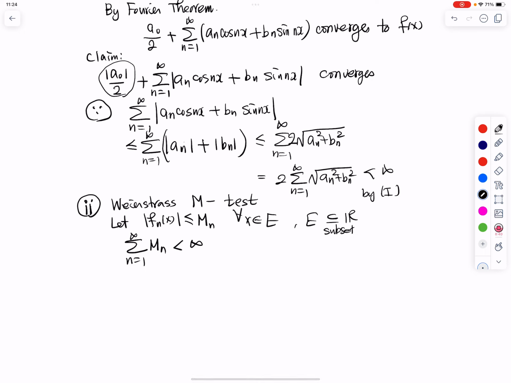This M_n is a constant, independent of x. So then the summation n from 1 to infinity of f_n(x) converges uniformly.